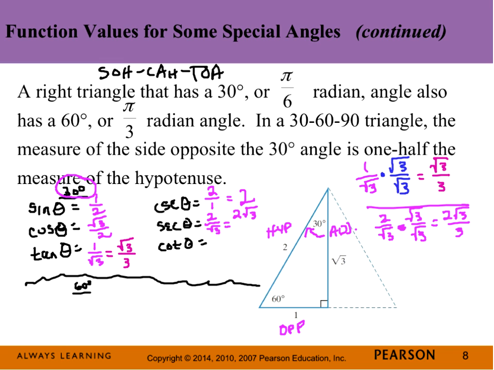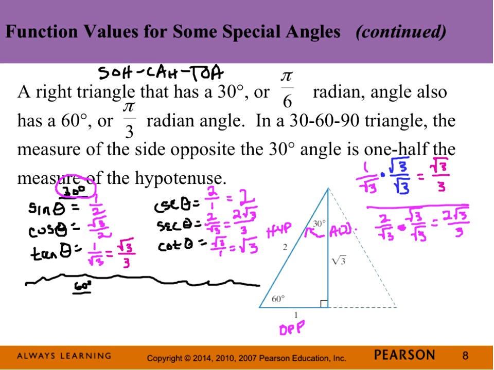And cotangent, I started out with 1 over the square root of 3, so that's just square root of 3 over 1, which is just the square root of 3. So there are your trigonometric function values for the 30-degree angle.